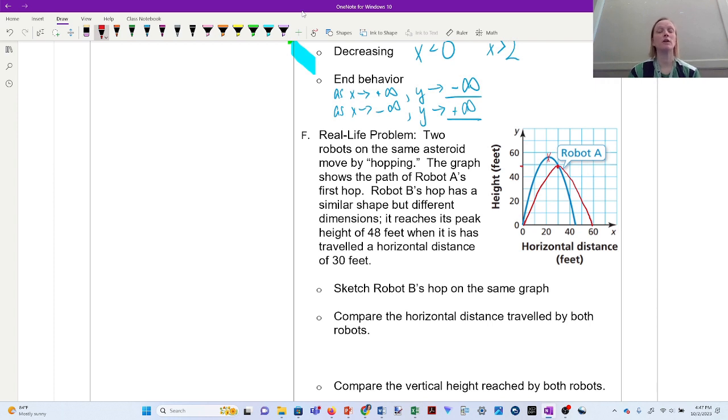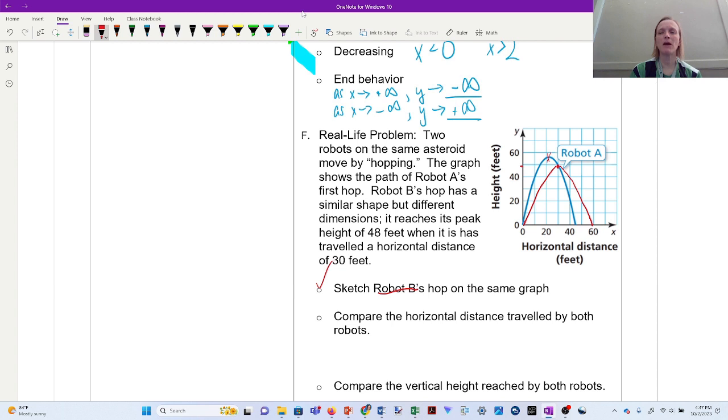Mine isn't a beautiful parabola curve, but it will do for the purposes of this activity. Okay, it says, oh, I've already done the first thing. Sketch robot B's hop on the same graph. So that's what I did here. Red is robot B.